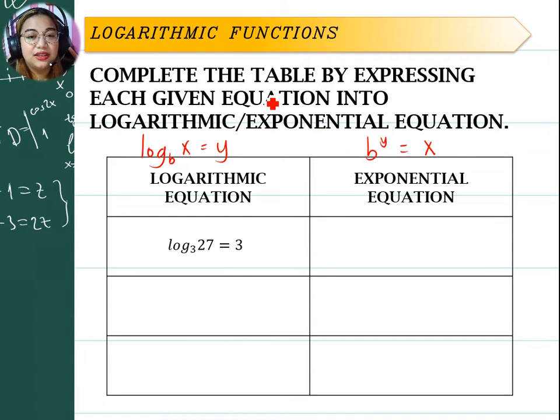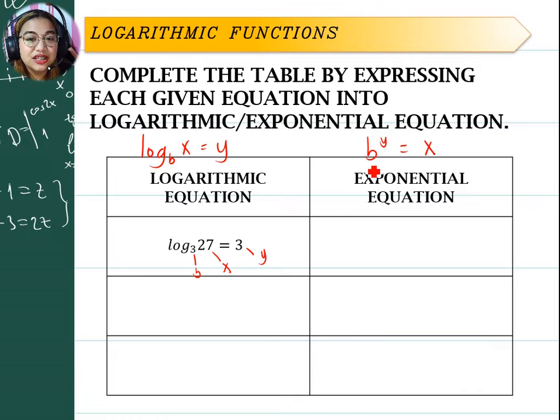Next na gagawin natin, we have to identify what is our x, what is our b, and what is our y. So, on our first example, we have logarithm of 27 base 3 is equal to 3. So, our b is 3, our x is 27, and y is 3.